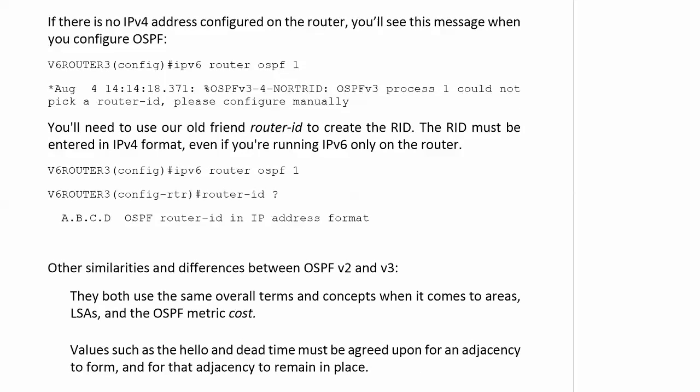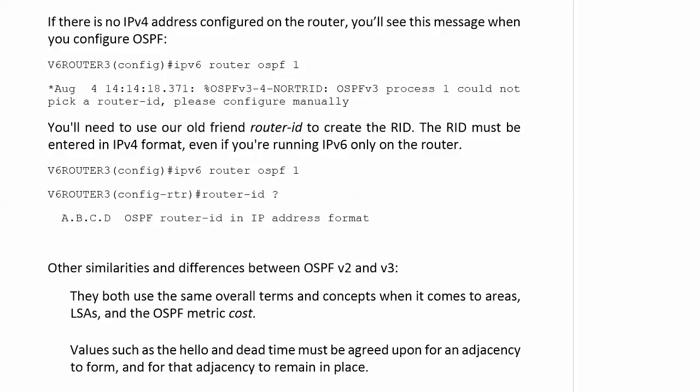Well, if you don't have a version 4 address configured on a router, when you enable OSPF version 3, you'll see this message, and we'll see it on the live equipment soon as well. When I put ipv6 router ospf 1, I got a message immediately saying the process 1 could not pick a router ID, please configure manually. The reason it couldn't pick a router ID is we didn't have any addresses on that router that it could use, because we have to use a version 4 address for the RID.